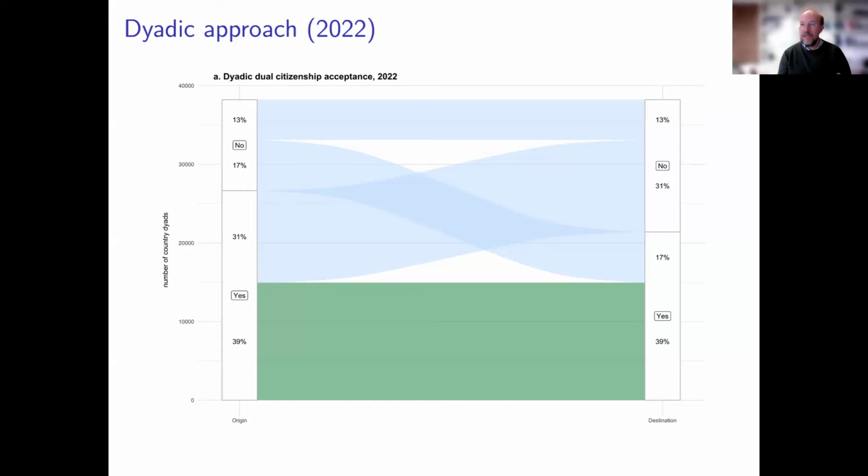And that also makes sense because dyadic dual citizenship is more demanding, because both origin and destination need to be in sync. When you look at the left-hand side, the origin country perspective, you see that up to 70% of all the dyads is liberal from an origin country perspective. So dual citizenship acceptance around the world is more strongly driven by origin country acceptance than by destination country acceptance.